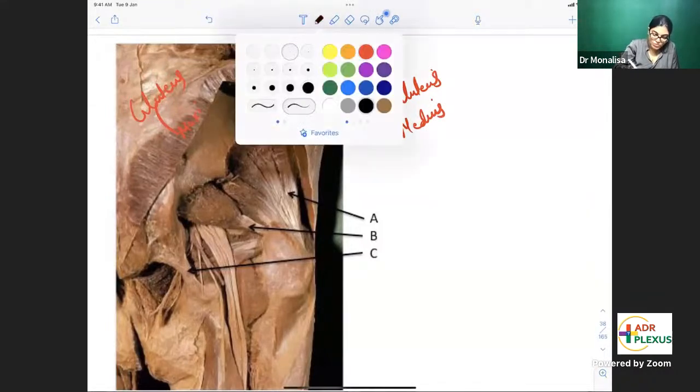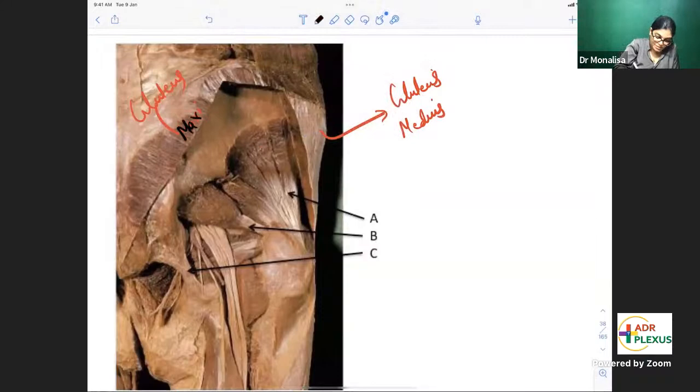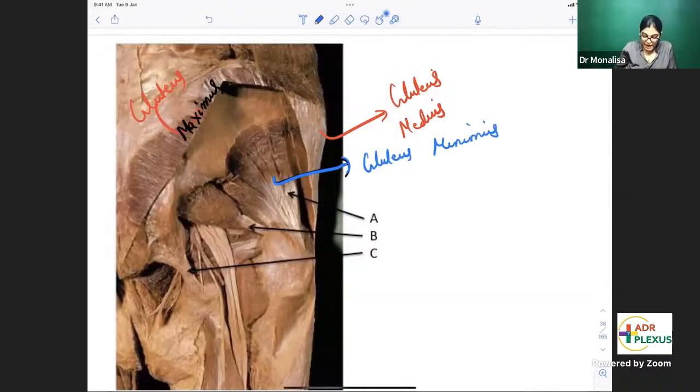And this muscle which you are seeing here is the gluteus minimus muscle. So definitely A is gluteus minimus muscle. Other than that, B is piriformis muscle, the key muscle of the gluteal region.